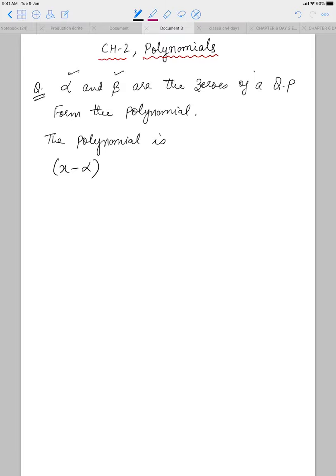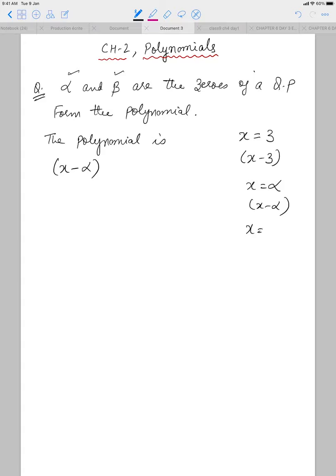And as I told you, if I say x is equal to 3 is a zero of the given polynomial, then I say x minus 3 is a factor of that polynomial. In the same way, if x is equal to alpha is a zero of the given polynomial, then definitely x minus alpha will be a factor of the given polynomial.